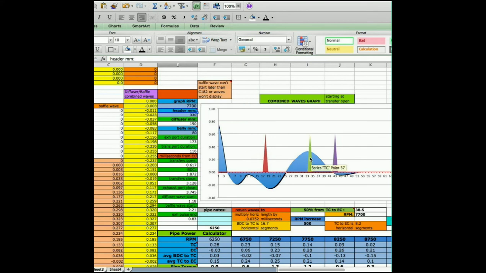And you see it's predominating more as opposing the flow of intake charge up through the transfers. This positive portion of the wave is going to be pushing that intake charge back down the transfers.